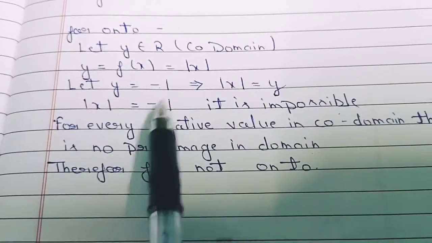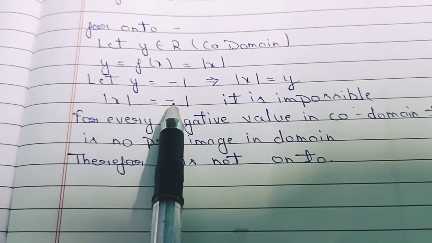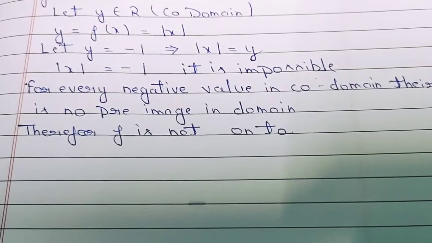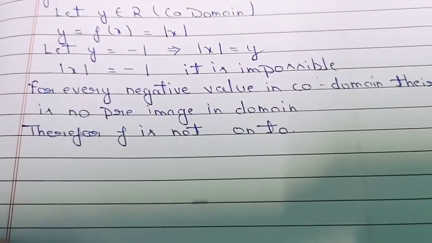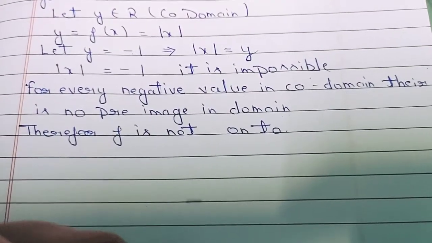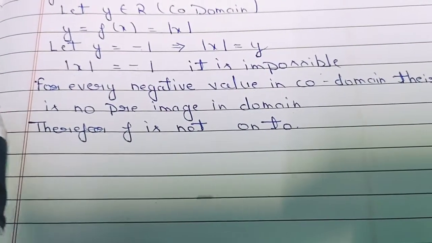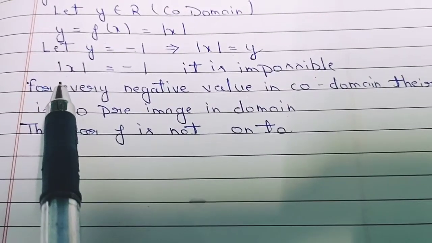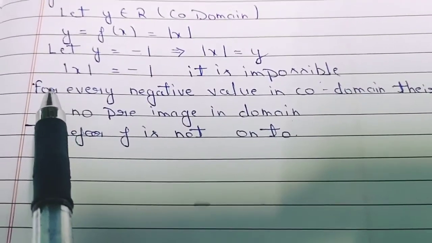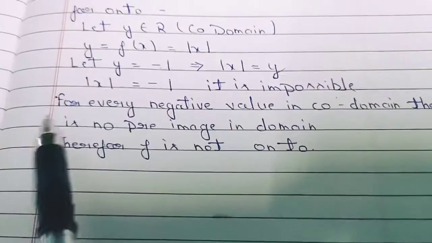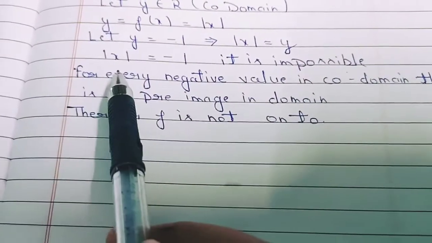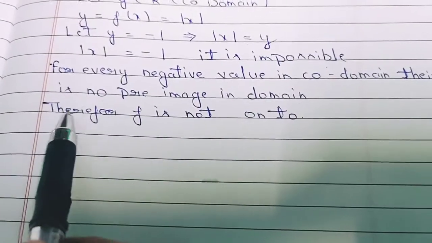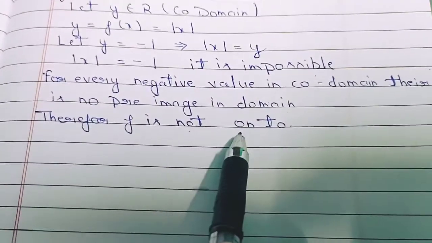Now putting the value of y, |x| = -1. It is not possible. It means for every negative value in the codomain, there is no pre-image in the domain. If we put a positive value, we get positive, and if we put a negative value, we also get positive. The negative real numbers are left, so there is no pre-image for negative values.